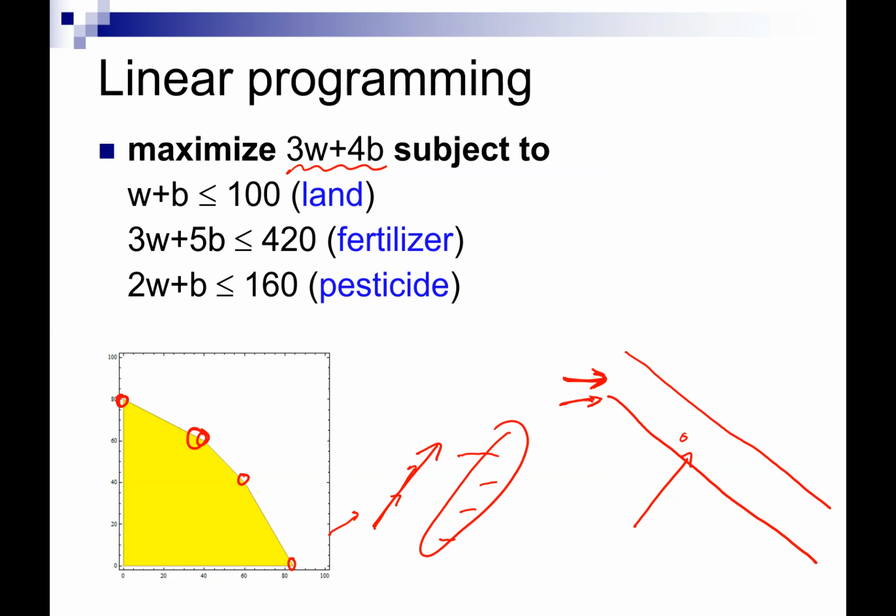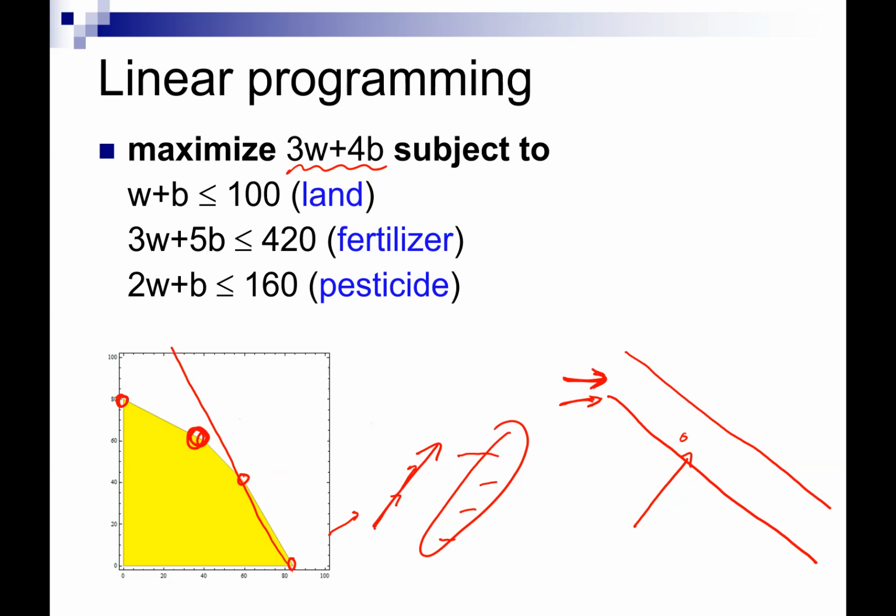They're not useful, meaning that we can remove those constraints and it would not change the optimum. So for example, if we removed this constraint over here, this would not change the fact that this point over here is the optimum for this problem.